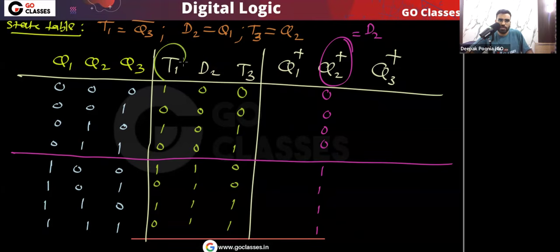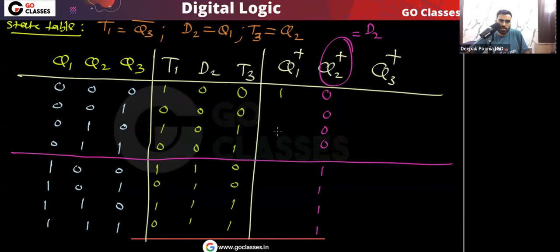Now let's see what will be this Q1 next. It will be decided by T1 and Q1. In the T flip flop, wherever T equal to 1, that is toggle combination, means next state will be complement of the present state, and wherever T equal to 0, then next state will be same as the present state. Yes or no? So wherever T1 equal to 1, this Q1 next will be complement of Q1.